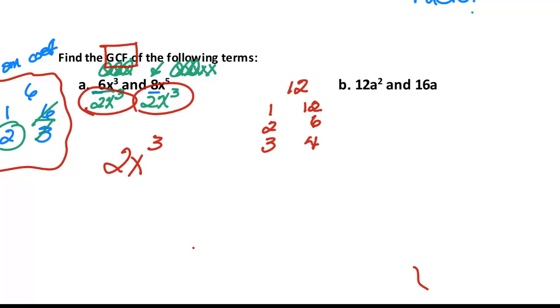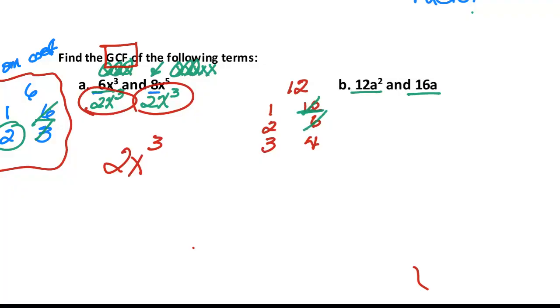All right. So we're going to be dividing here because that's essentially what you're doing. It's reverse multiplication, reverse distributive property called factoring. So is 12 a factor of 16? 12 times some whole number? No. How about 6? 6 times some number gives me 16?